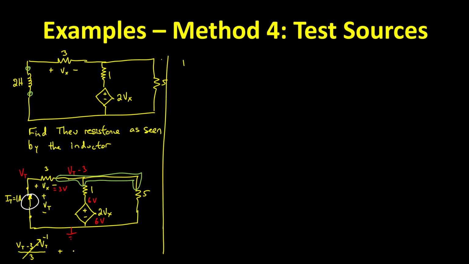The current going down would be equal to the voltage on top of the resistor minus the voltage on the bottom of the resistor divided by the resistor value, and then plus the current going down through the 5 ohm resistor. So that would be VT minus 3 over 5, and all that is 0.